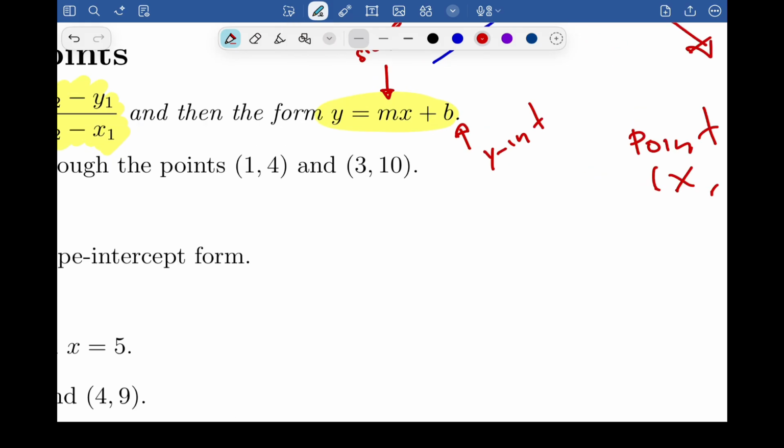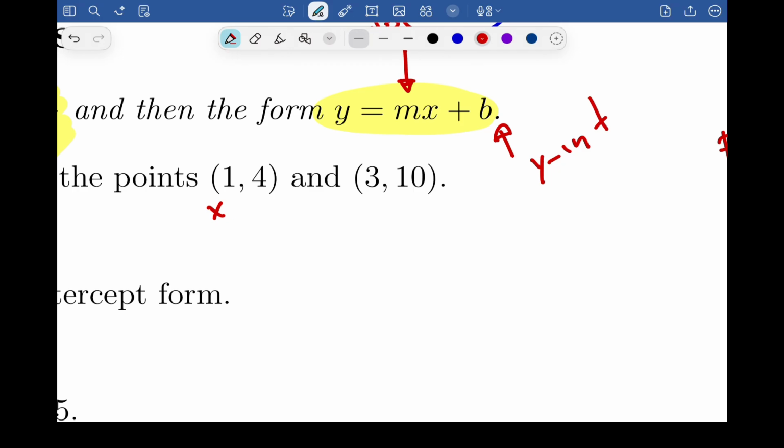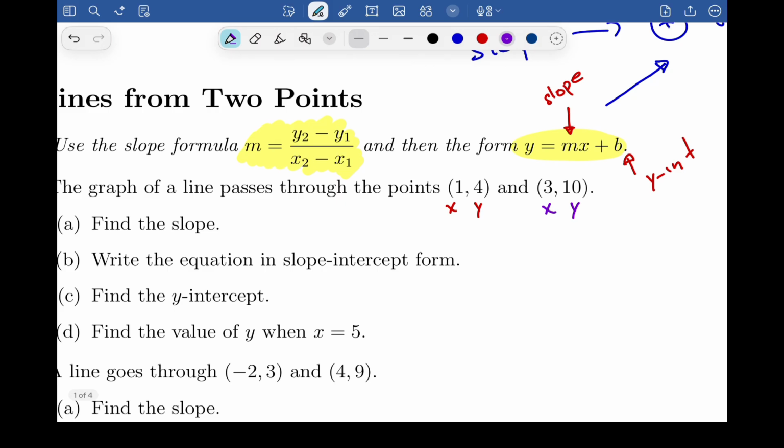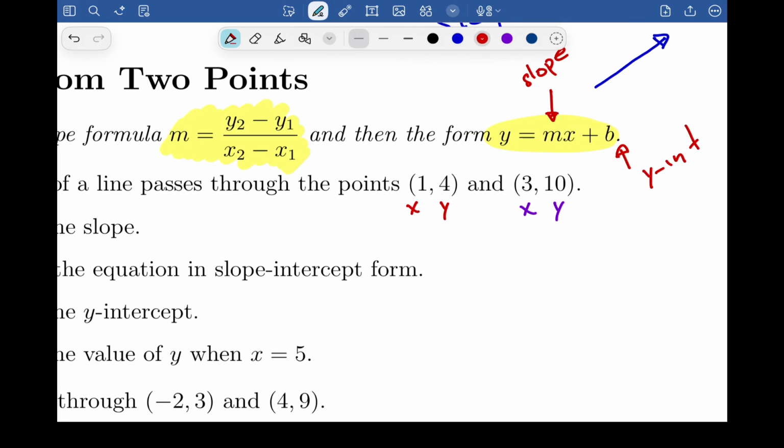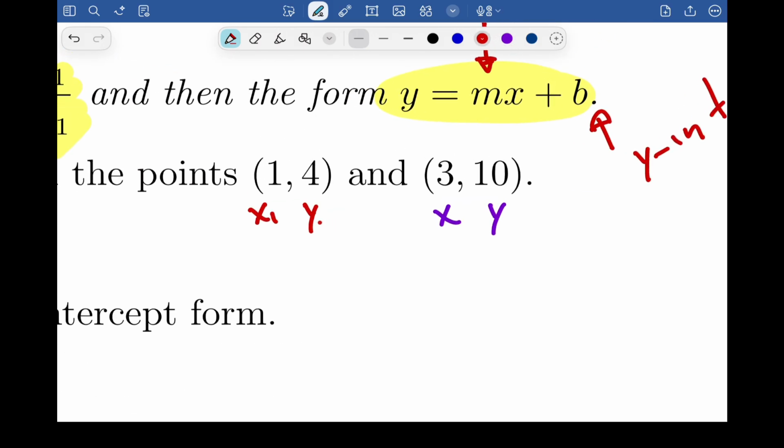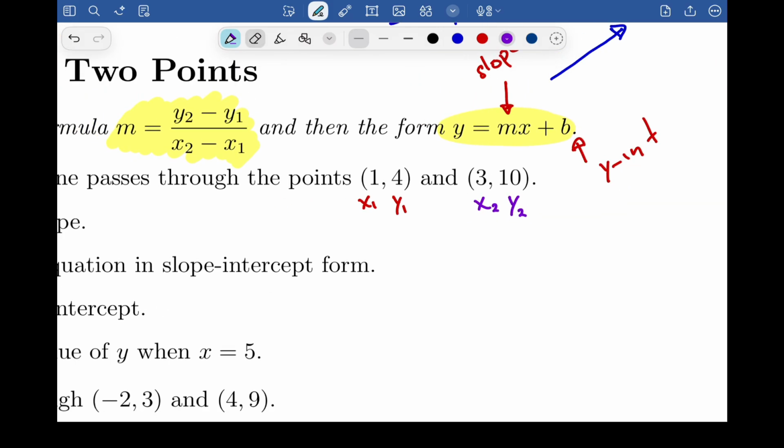So here we have x, y, x, y. Find the slope. Here we can label this x1, y1, x2, y2. It doesn't matter if you label this in the opposite way. What matters is to follow the formula.